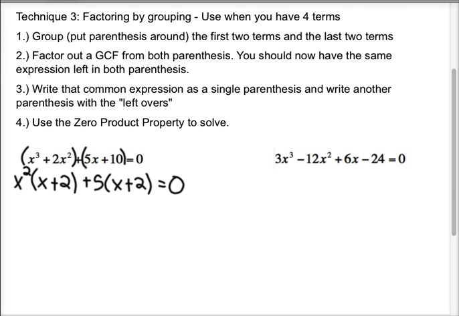And now how do we factor from here? Well, essentially I'm going to be pulling out that x plus 2 from both terms. So I take that parenthesis that's the same, and I combine it into a single parenthesis. Now what's left behind once I take out that x plus 2 from both of those is I'm just left with those leftovers, if you will, in my second parenthesis.